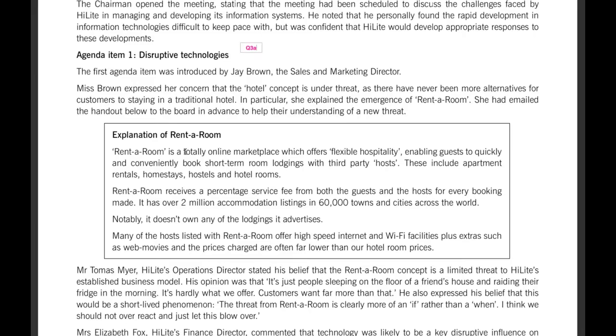So rent a room is a great threat to Highlight, basically because they are still able to offer rooms to people, or homestay or a place to stay, even if they don't have the premise. So this is basically the information that you're going to use to answer question number 3A.